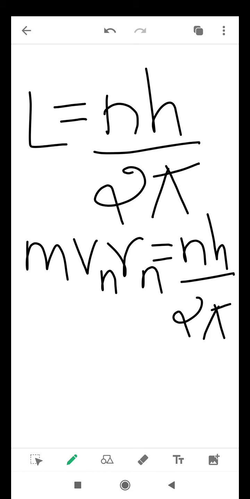So the second postulate explains Bohr's quantization condition for angular momentum: the electrons can revolve only in those energy levels in which its angular momentum is an integral multiple of h divided by 2 pi. This is the second postulate we studied in my last class.